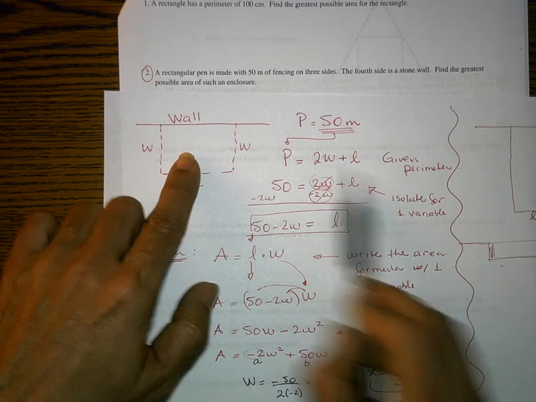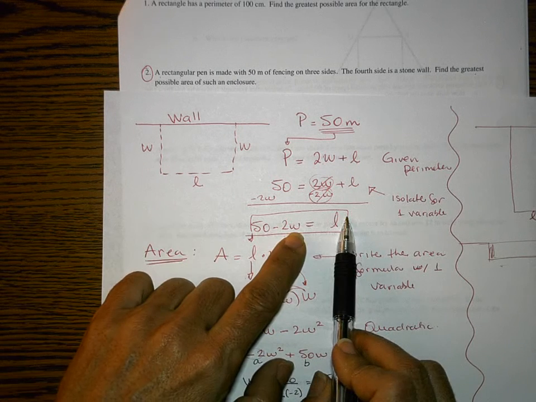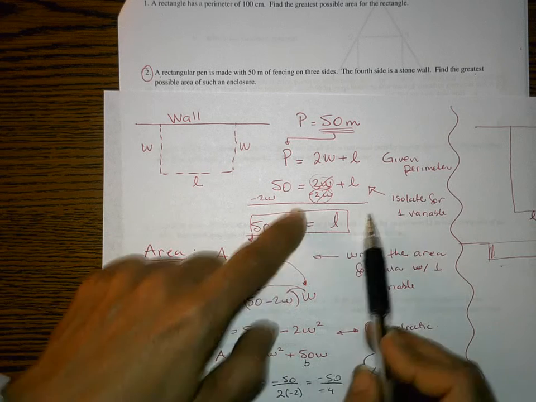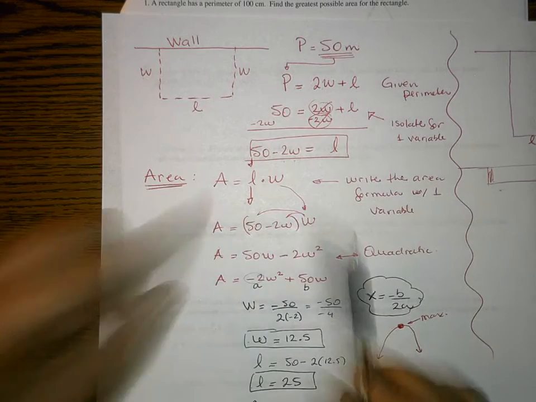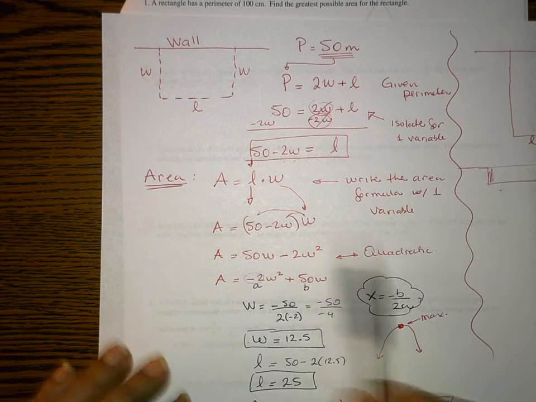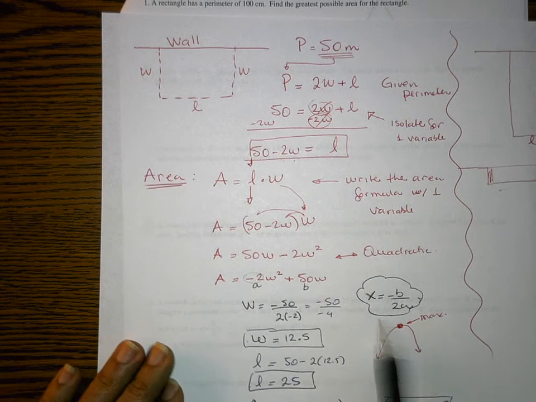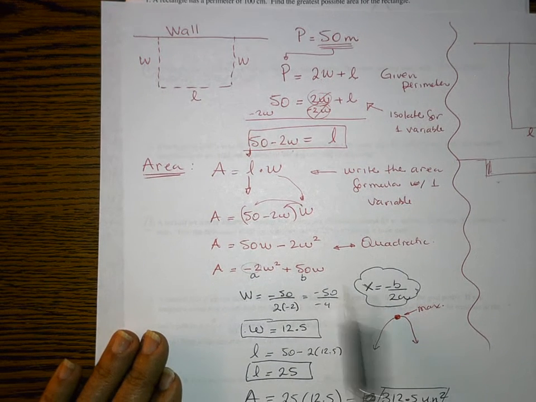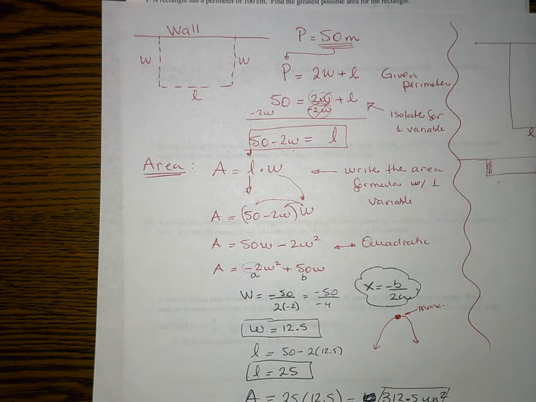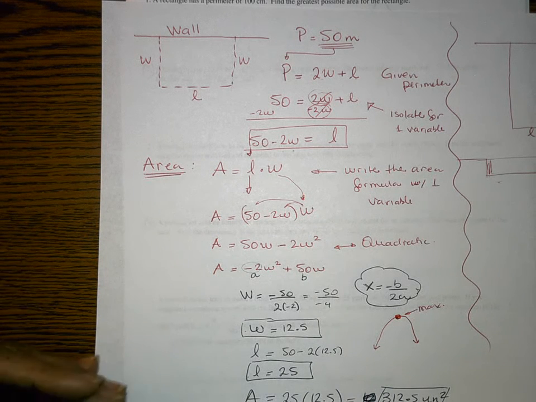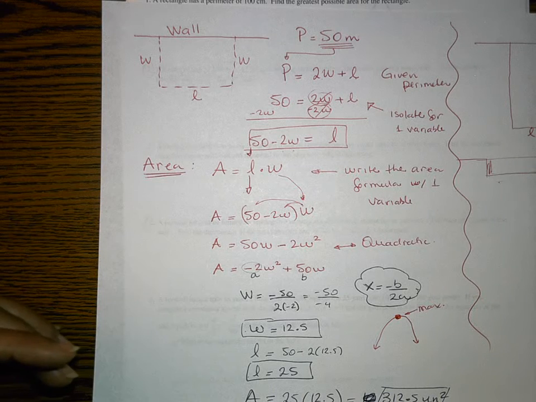And then you have to isolate for one of those, either length or width, so you can transfer that into the area formula. And then you have to somehow isolate and create a quadratic so you can find the maximum of your quadratic and so forth. So very, very detailed work, but pretty much the work stays the same all the time, okay?